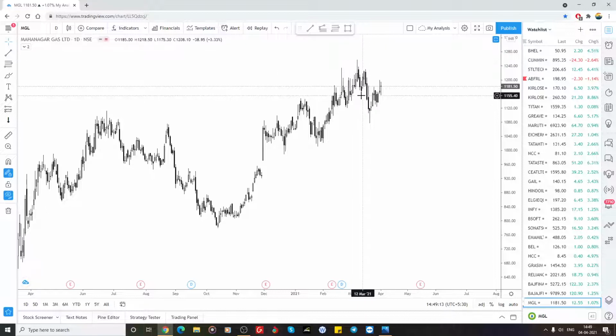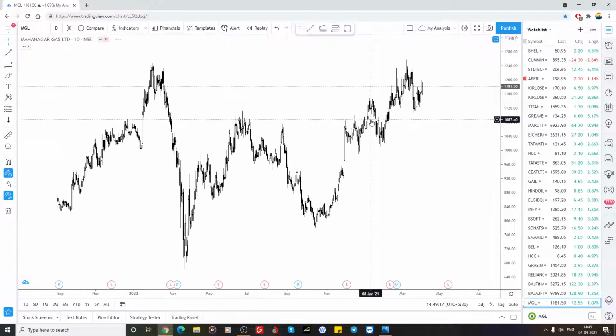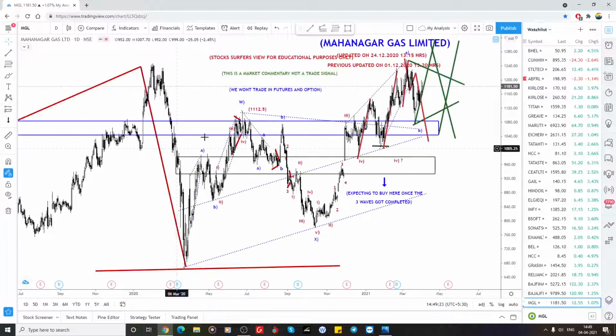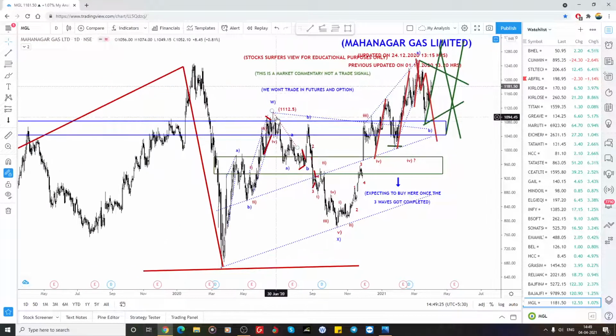So B won't be very simple, this market can do anything. Because here it's an A, we make it a W, here A B C is a W, and then again the X. So if we make this a B C, as a B also, see if it is ended and it's already broken the high also, so that is also considered for that flat correction.